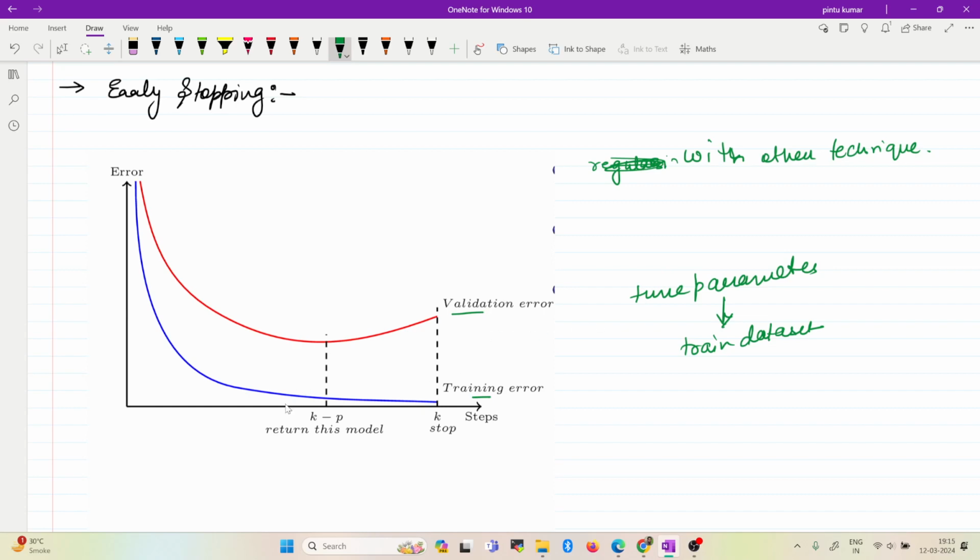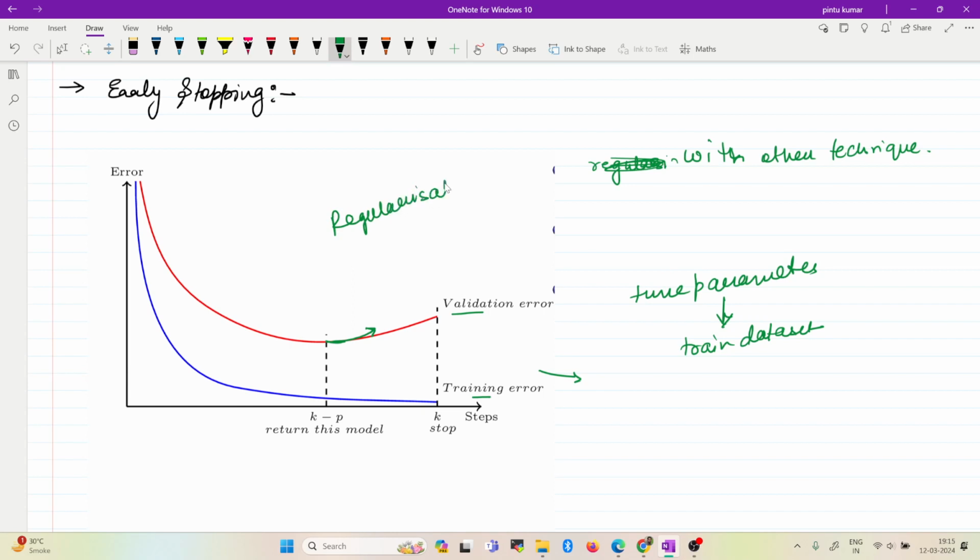If your validation error is decreasing, and suddenly it becomes constant or has started increasing, then you can stop your training there and say that you have started overfitting. So this is another form of regularization.